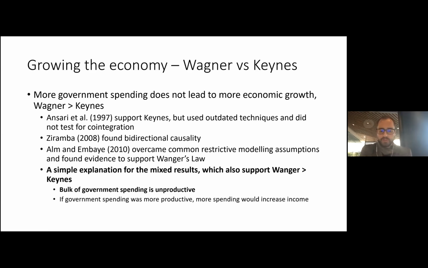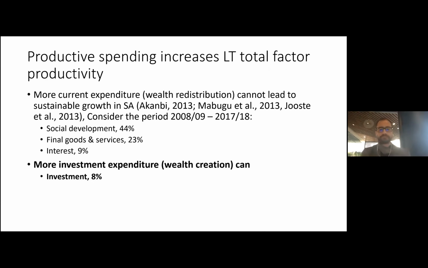And of course, if government spending is unproductive, more spending wouldn't necessarily increase more income. So that's where this research took us further then, and specifically on the productive side of productive spending.